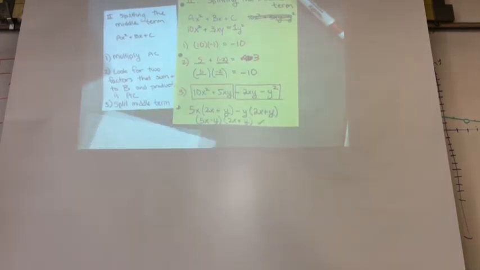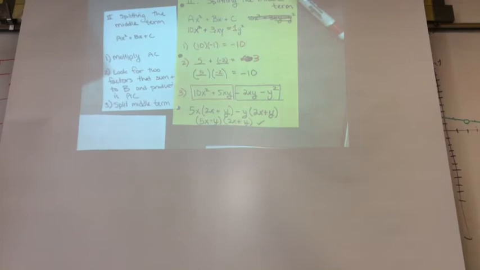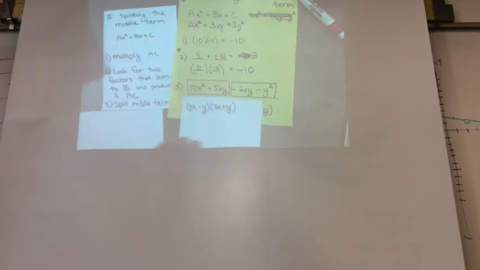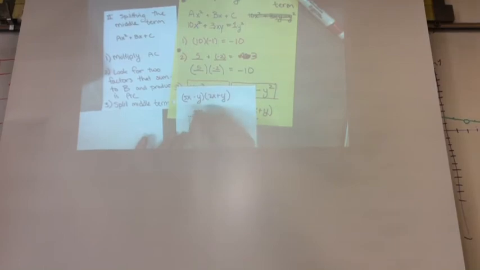We can check this to verify that we are correct. So 5x minus y, 2x plus y. Let's go box method. Why not? So 5x minus y and 2x plus y. The area of this box right here is 10x squared.